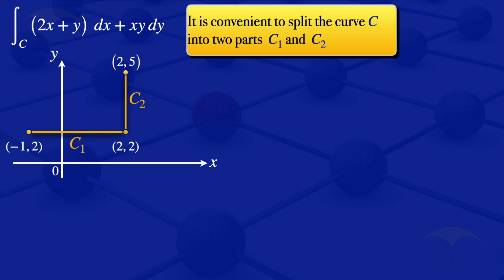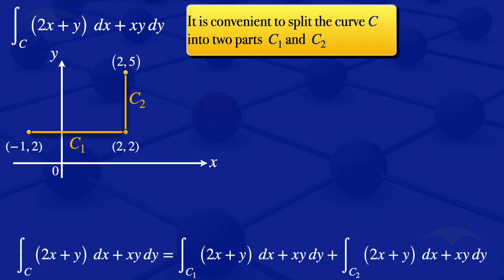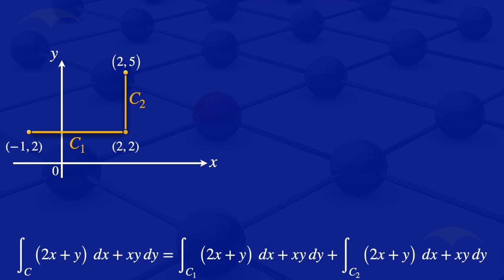So our integral of (2x + y) dx + xy dy along the curve C will become the integral along C1, plus the integral of (2x + y) dx + xy dy along the curve C2. Then we'll go on and analyze those two different curves, C1 and C2.